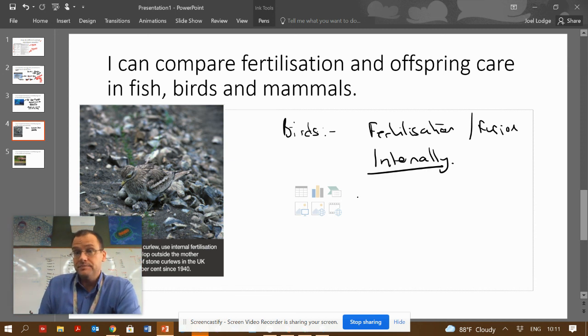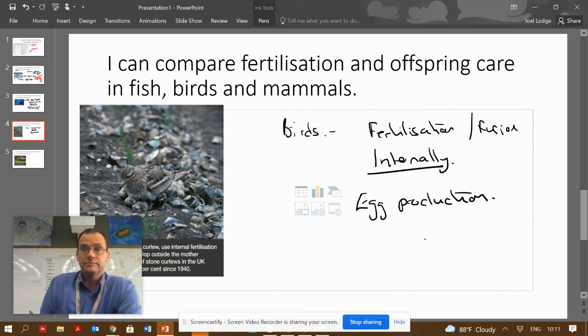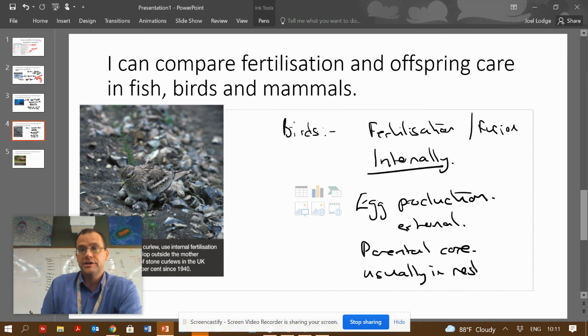Care of the offspring, however, is still external, so egg production is external, and parental care is usually in nests. So there is parental care, but the production of the eggs is still external.